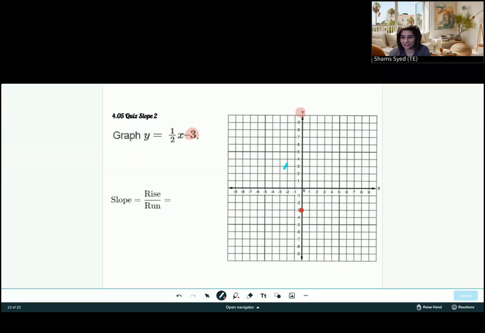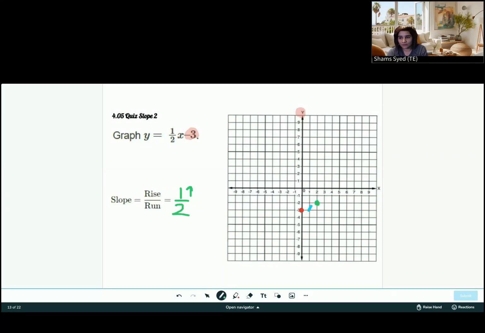That tells you we start at negative 3. What is the slope, the guiding thing from here? The guiding thing says rise 1, go over 2. So rise means up 1, and over 2. There we are with the green dot.